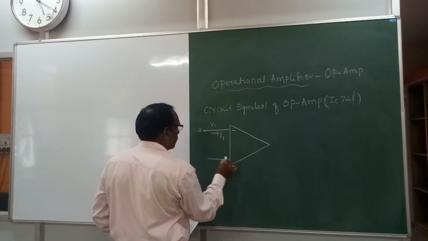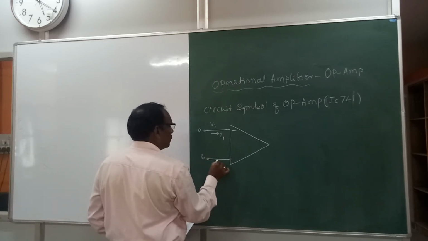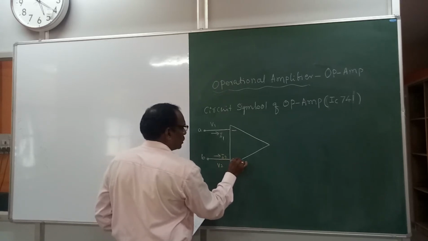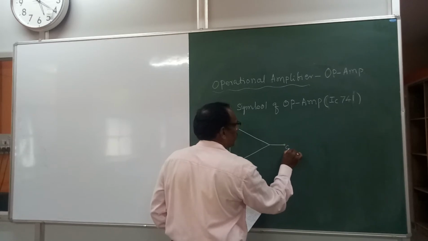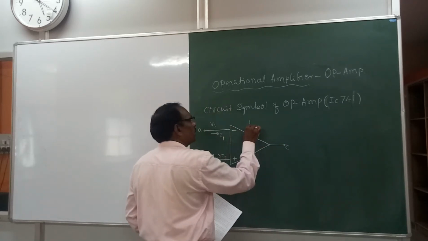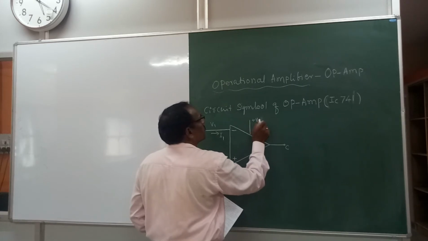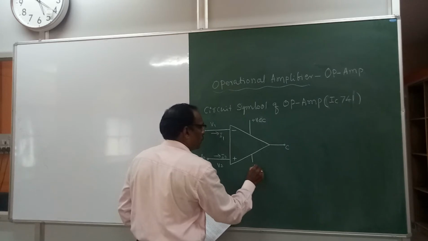This is terminal B, with V2 and current I2. And terminal C is the output. Here this is plus VCC, and this is minus VCC.